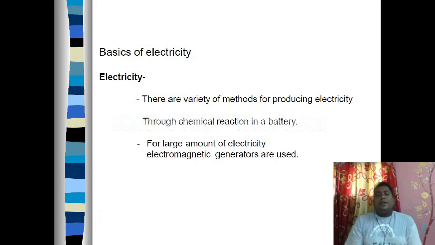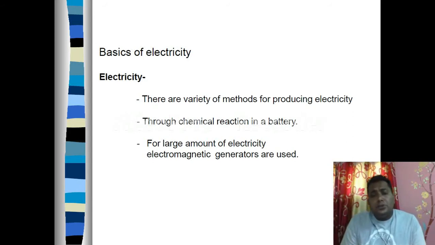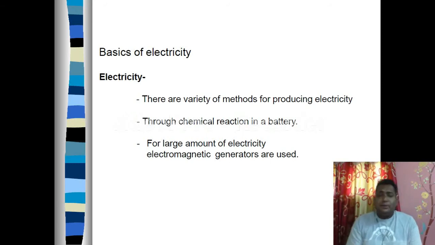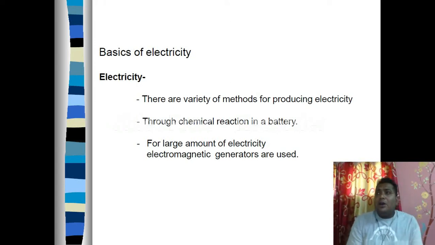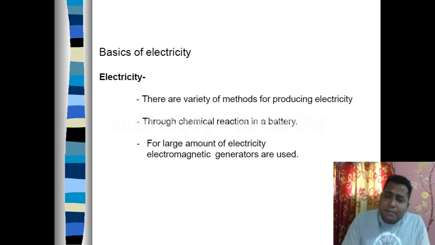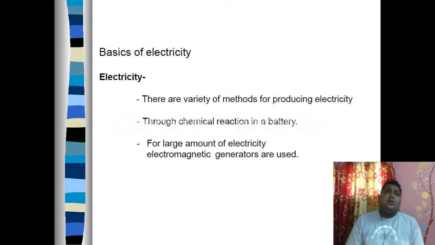Yes. So what is electricity? There are a variety of methods of producing electricity. Through chemical reaction in a battery. For large amounts of electricity generation we use nuclear power plants and thermal power plants, and the main thing is that in whatever power plant we use, we actually use an alternator, that is a synchronous generator, which generates three-phase electrical supply, and that is transmitted and distributed.